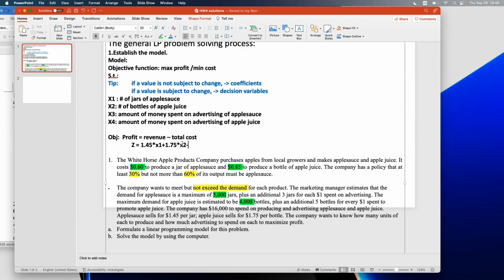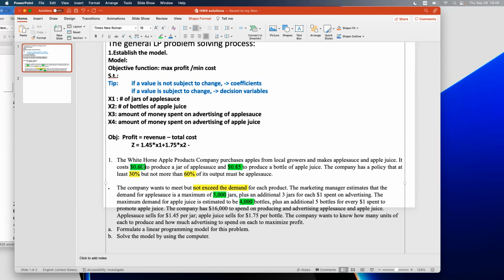So what's the cost? If you run the manufacturing, there's cost of materials, cost of labor, cost of equipment, but in this problem, it simplifies the resources.